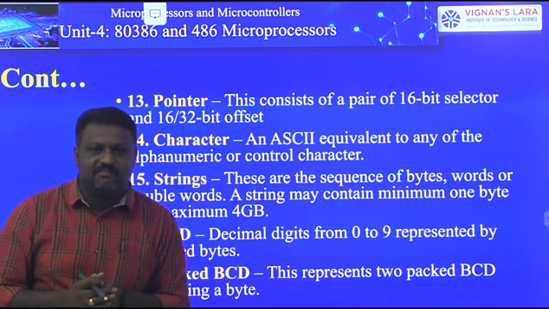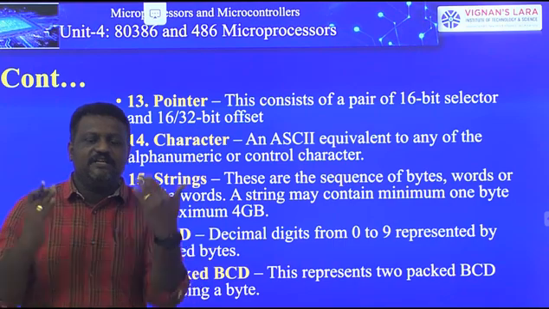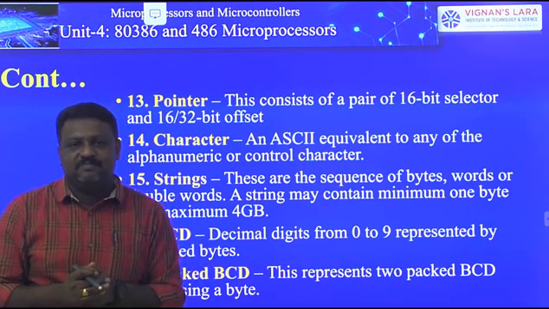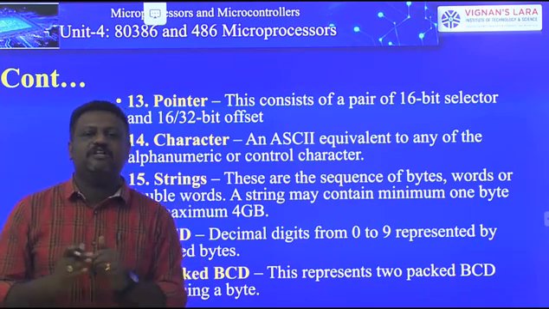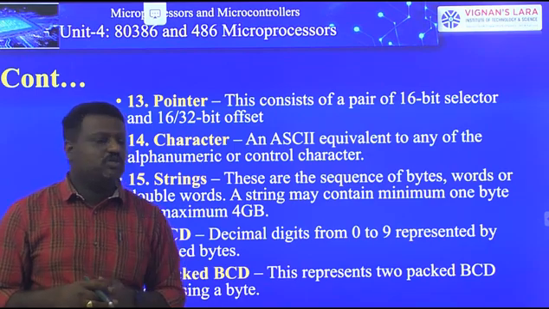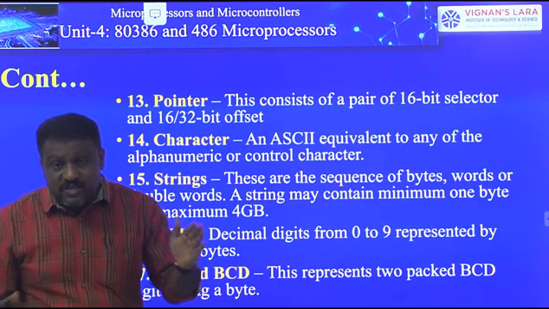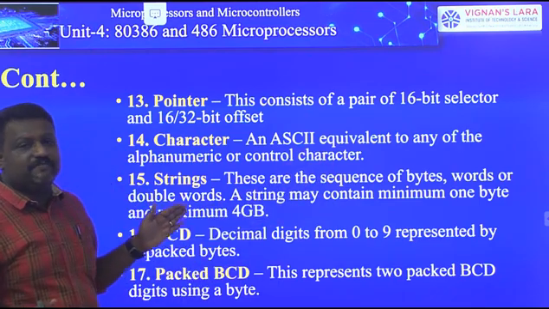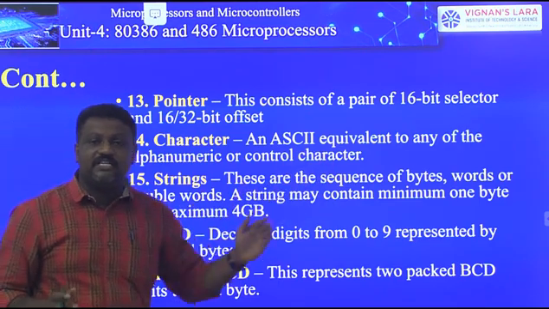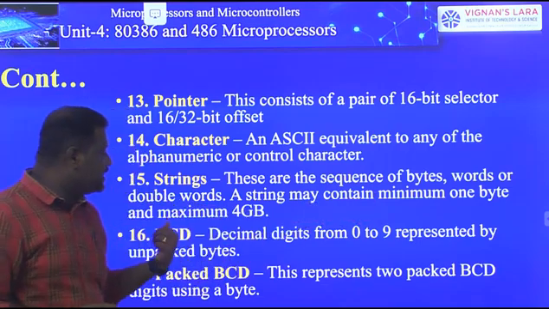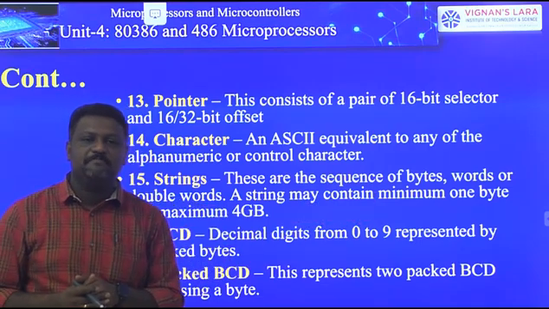ASCII code is nothing but a 7-bit code, and generally we represent it with 8 bits, by adding one more bit to make it a total of 8 bits. So a string is a sequence of bytes, or a sequence of words, or a sequence of double words. A string contains a minimum of 1 byte and a maximum of 4 GB.